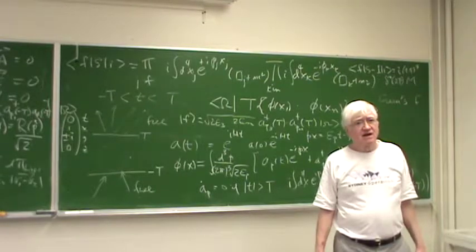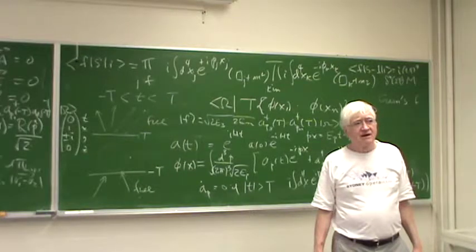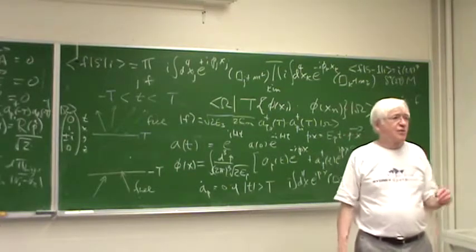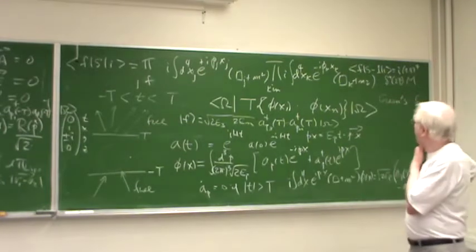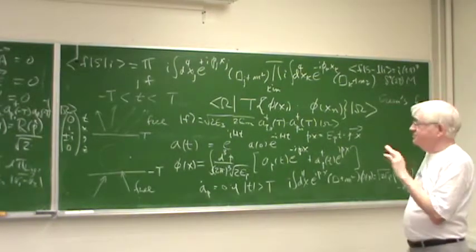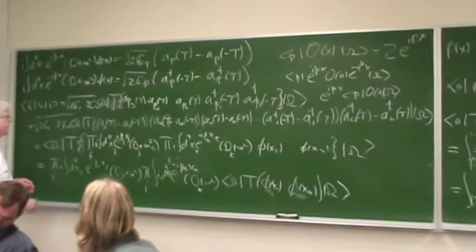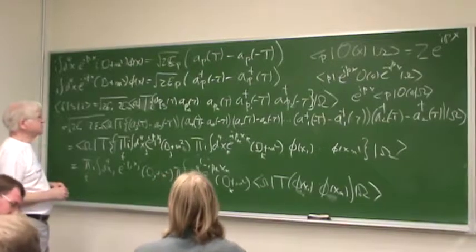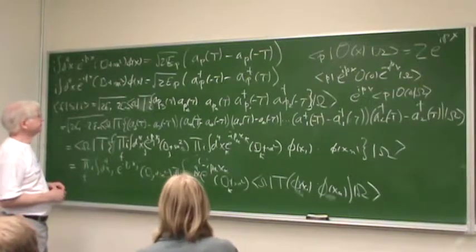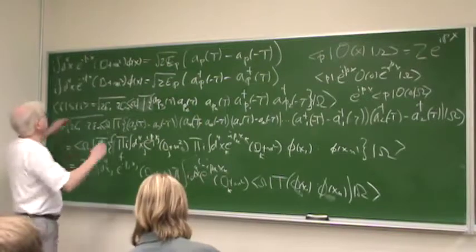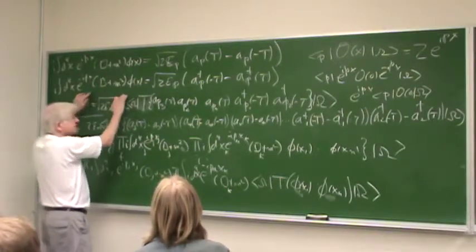So why don't we just move them by hand? You're saying, why don't we just do the thing? All right, let's look at it. What would happen? I think we have time to work this out. What would happen if we did what you're saying and we just said, well, we're going to use these two relations.